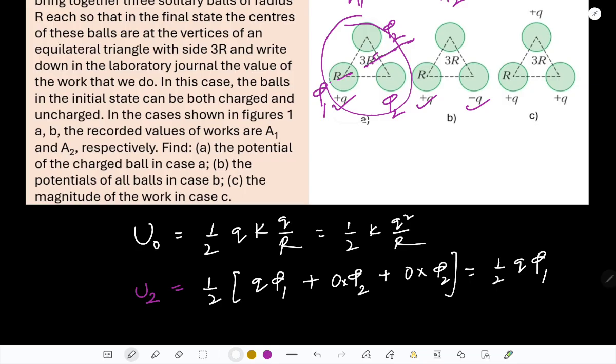This is the total energy of the system after the balls have been brought together to complete the triangle.